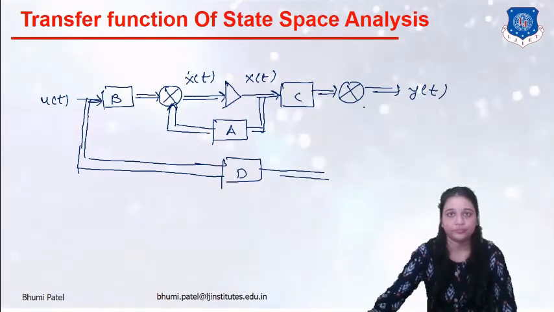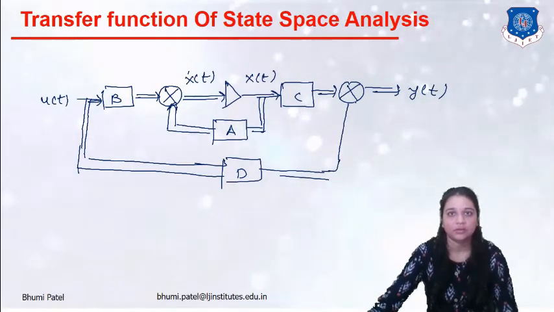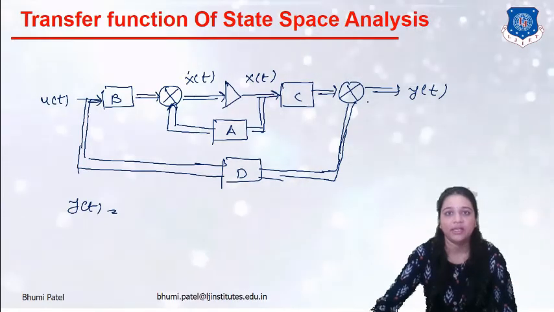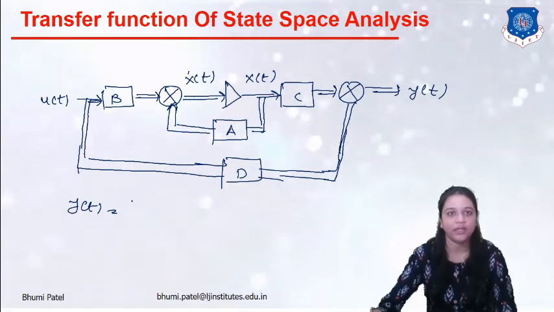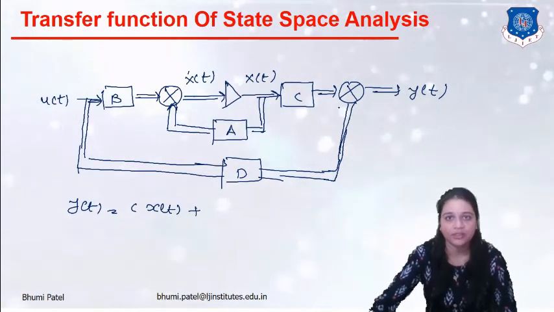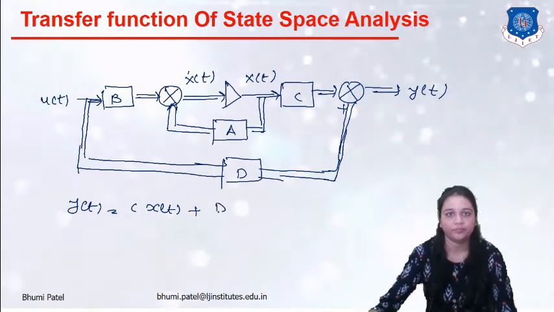So this is D. So the equation will become like this. The output equation y of t is equal to C into x of t plus, here the sign of the summing point is plus, D into u of t.